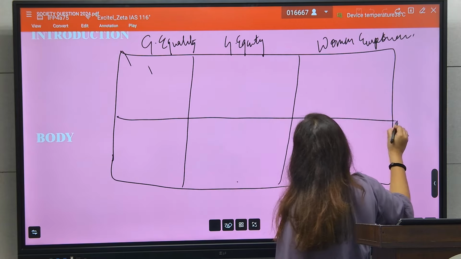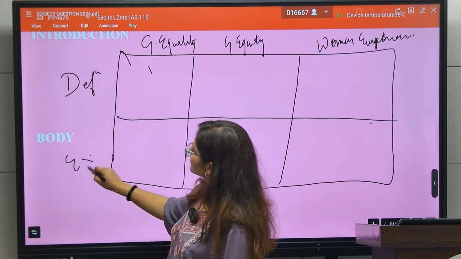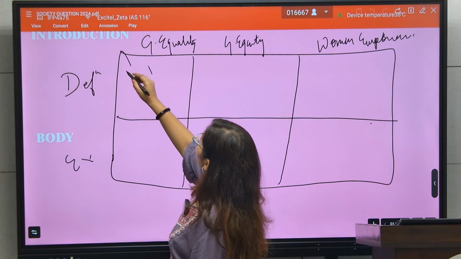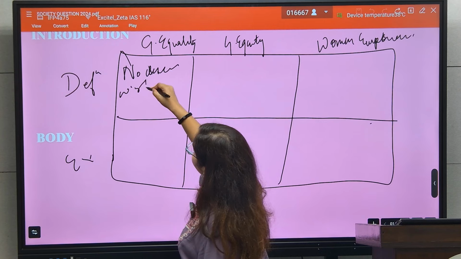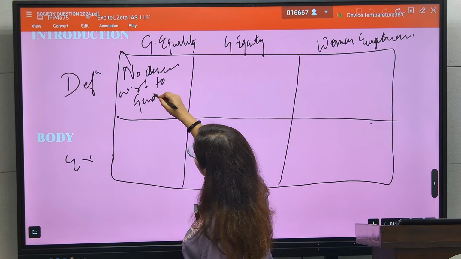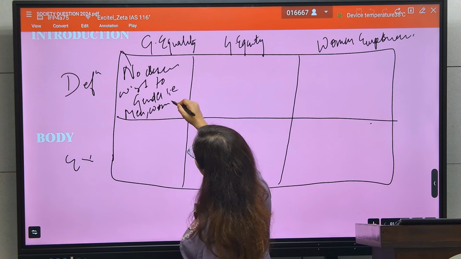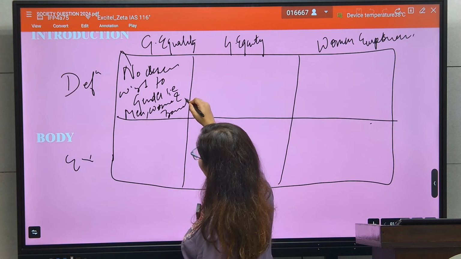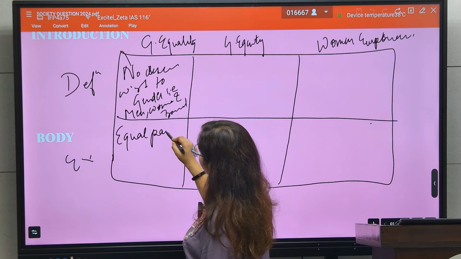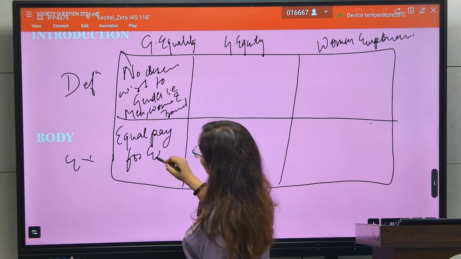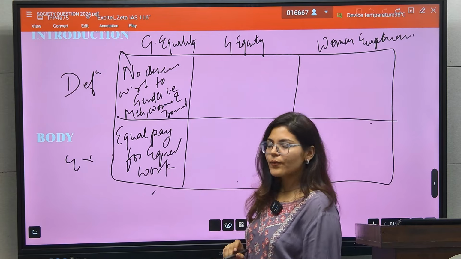Here is definition and then the example. In the definition: there is no discrimination with respect to genders, that is men, women and transgender. Example: equal pay for equal work. So this is gender equality.